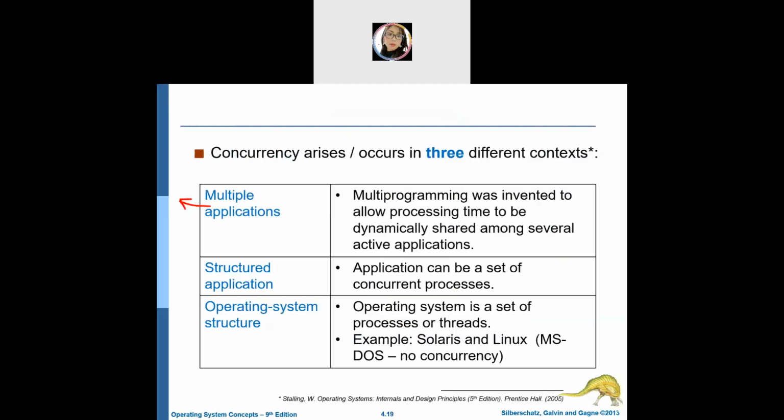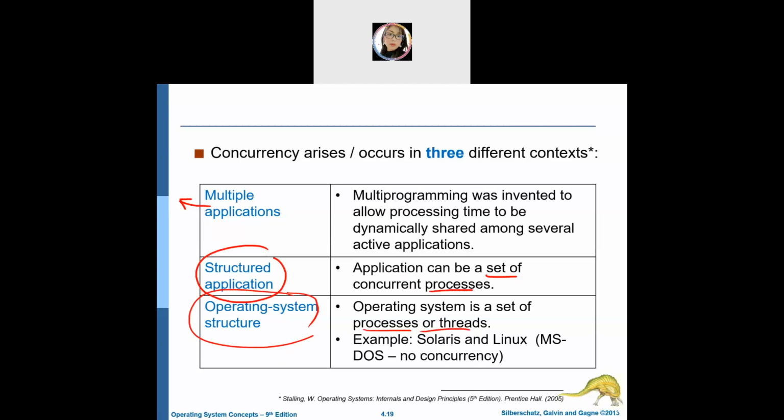Next, when you are having a structured application, in terms of a structured application, the application can be a set of concurrent processes. And another one is operating system structure, where the operating system is a set of processes or threads.